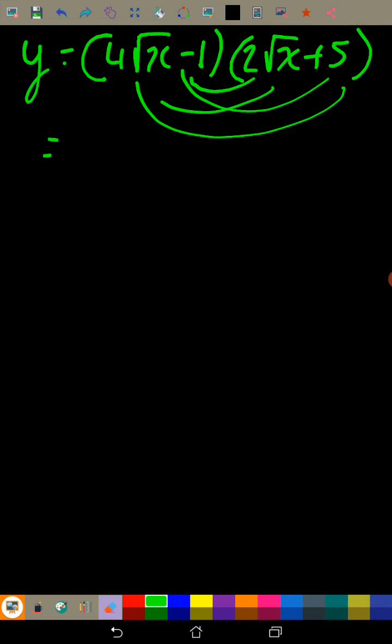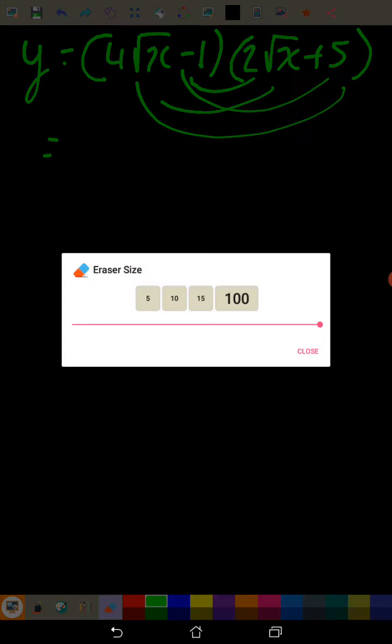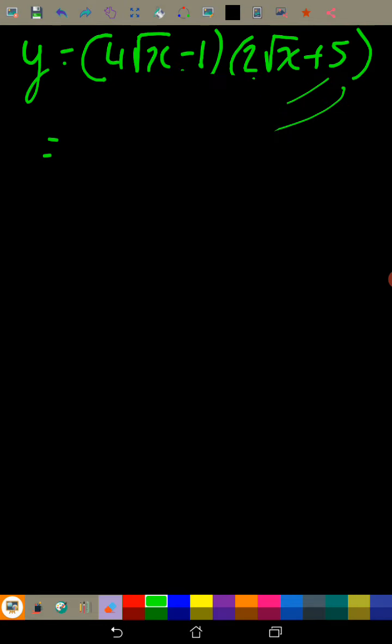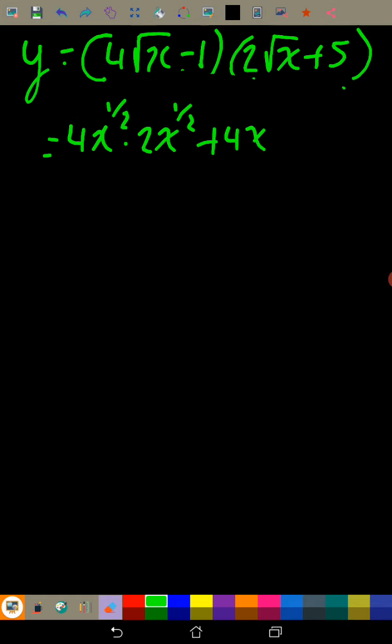Let me just get rid of what I've just done. And so we will have 4x to the power half times 2x to the power of half plus 4x to the power of half times 5. That's the first part.